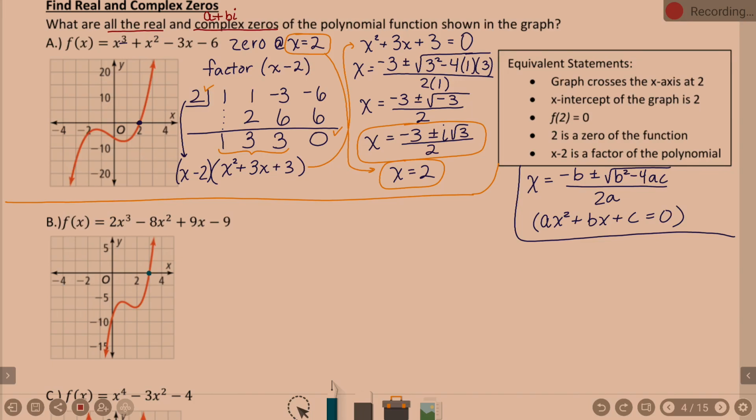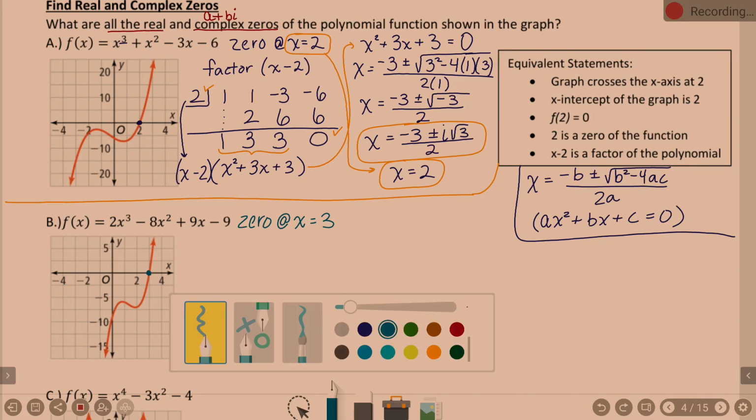Okay, what do you see on B? What's my graph do? It crosses at 3. So what do I know? One of my answers is 3. I know there is a 0 at x equals 3. I know when I get to the end of this problem, one of my answers is x equals 3.